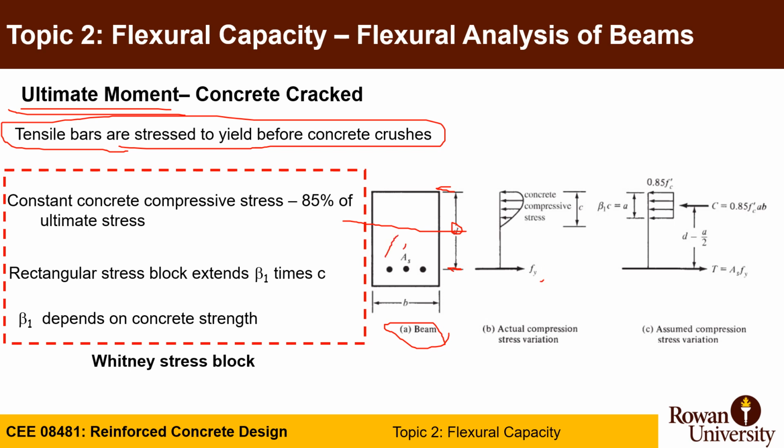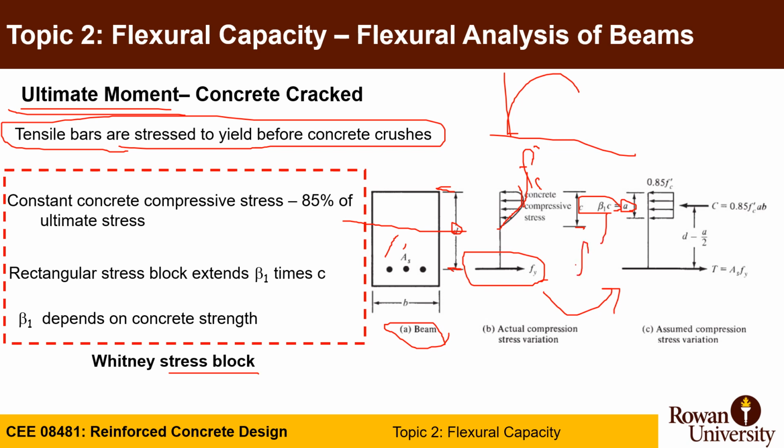So yield will initiate in the reinforcement, and this is going to be part of the stress-strain curve of the concrete that we usually draw, at a distance c, where the peak value will be f'c. Because it's now very difficult to calculate this area, there is the Whitney block, or Whitney stress block, used to convert from this stage to this stage, where c is reduced to a, which is beta 1 times c, where beta 1 is a function of the f'c you are using.